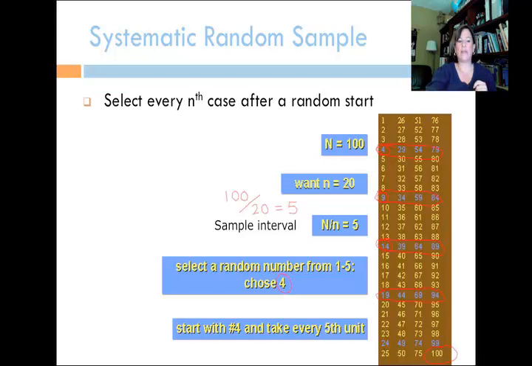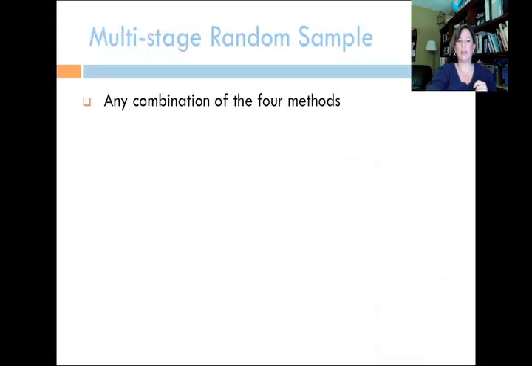Finally, you can have a sampling method that is multi-stage. A multi-stage random sampling technique is essentially any combination of the other 4 methods. So typically you will see multi-stage, especially when cluster sampling is used.